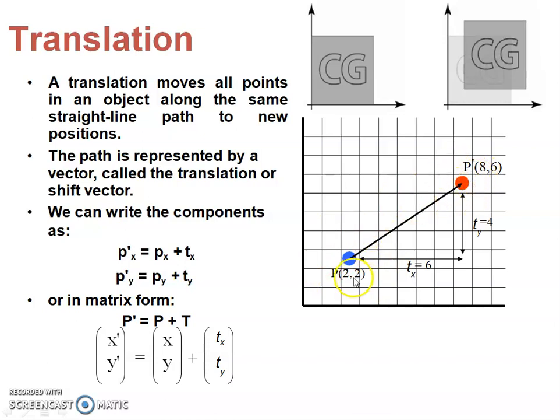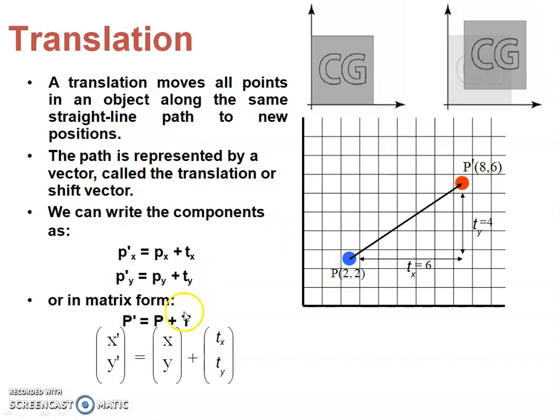We apply a translation on the x-axis of 6, that is 2 plus 6 is 8, and for the y coordinate ty is 4, that is 2 plus 4 is 6. So the translated point is p dash (8, 6).